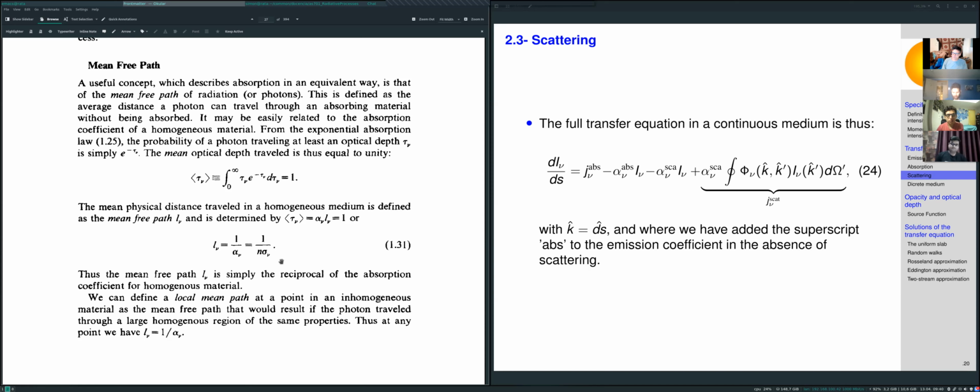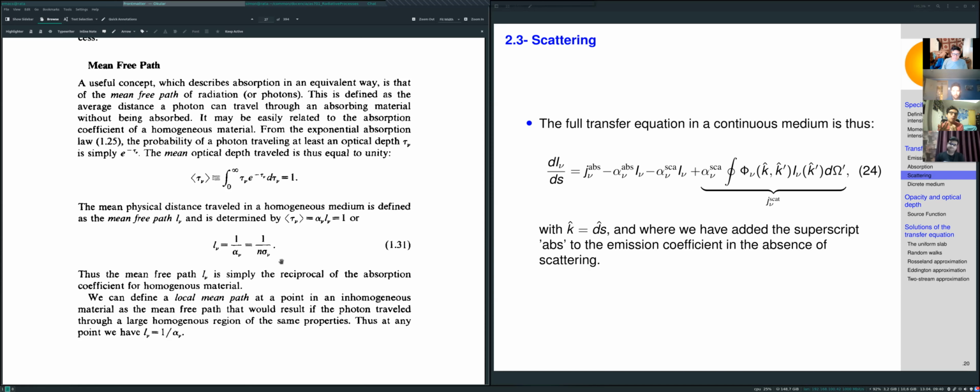Yes, sure. The mean free path is the average distance a photon can travel through a medium without being absorbed. It's related to the optical depth.